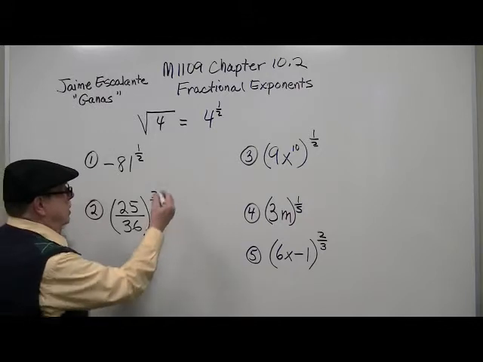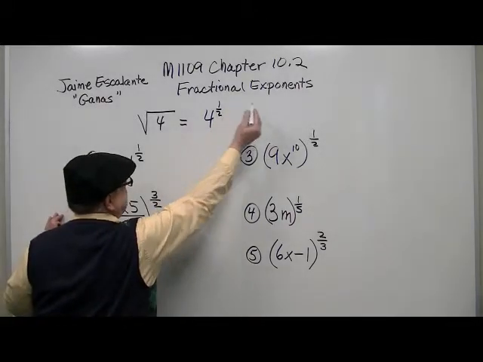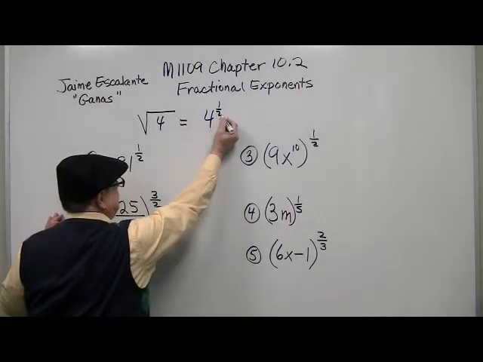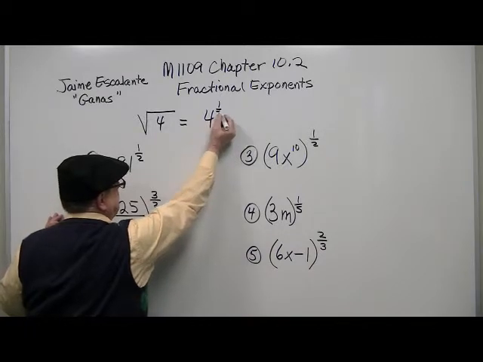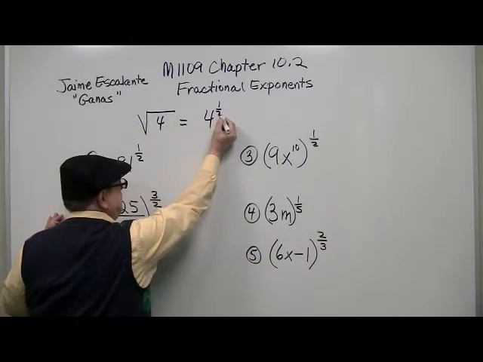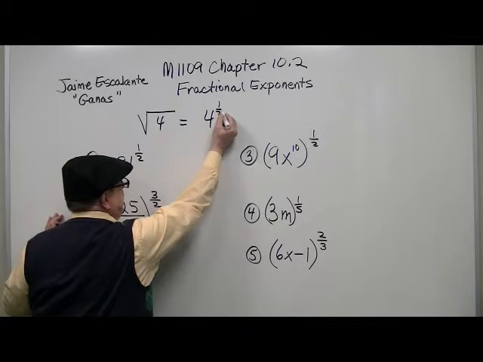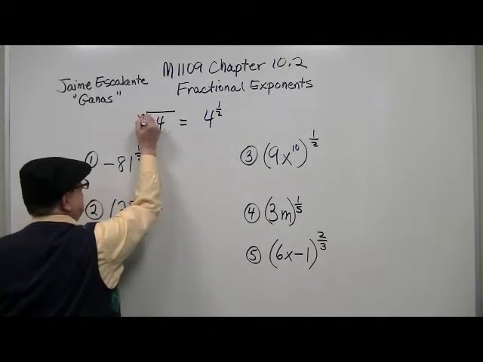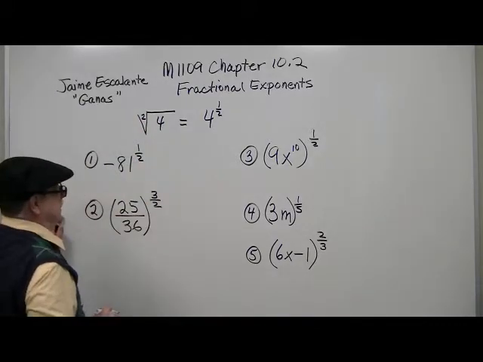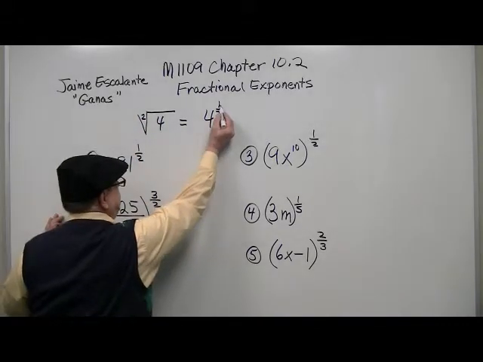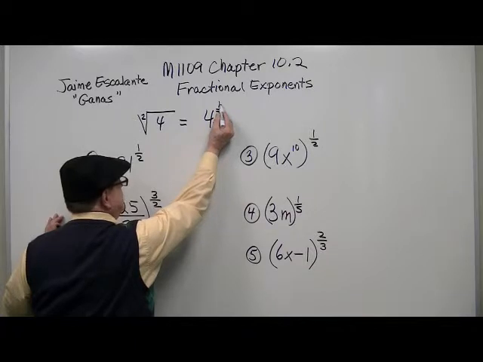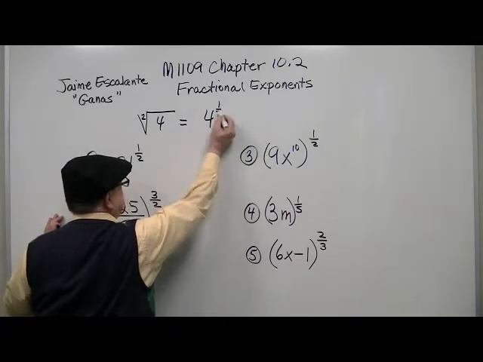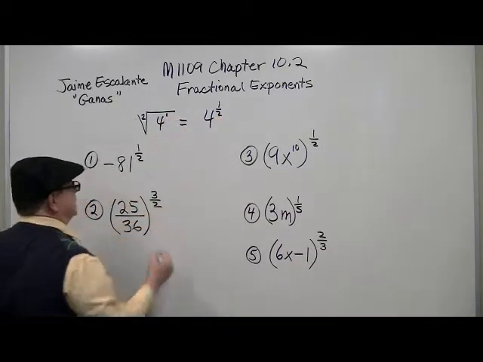When you think of a fractional exponent like 1/2, the denominator of that fractional exponent is actually the index number that we don't write. And the numerator of that fractional exponent is written like that.